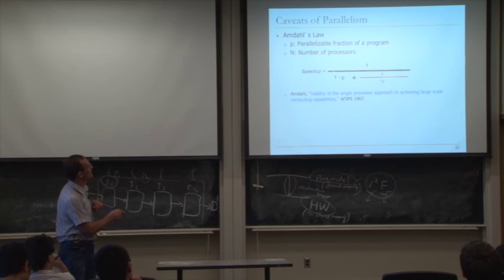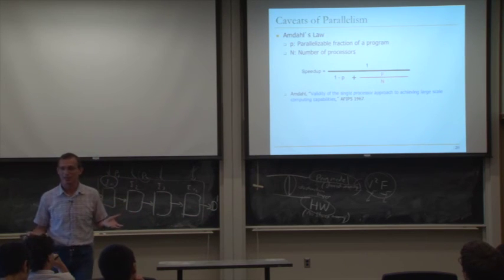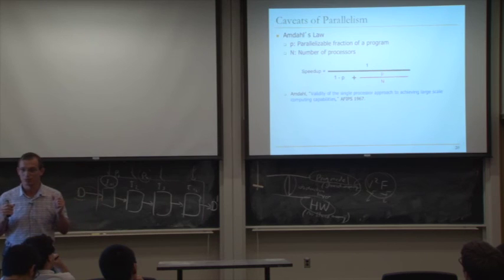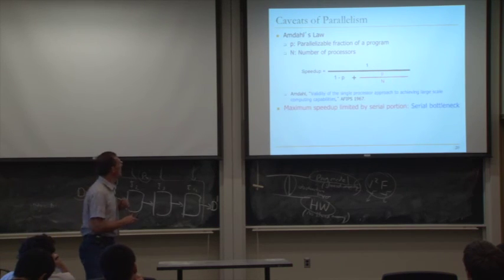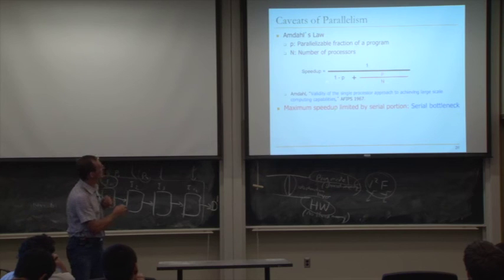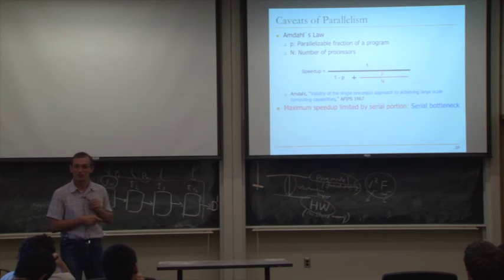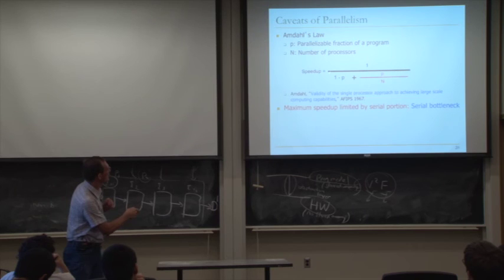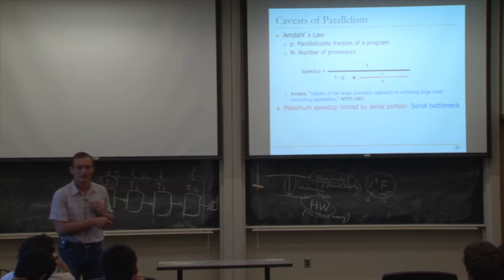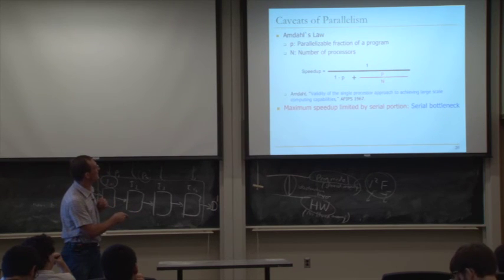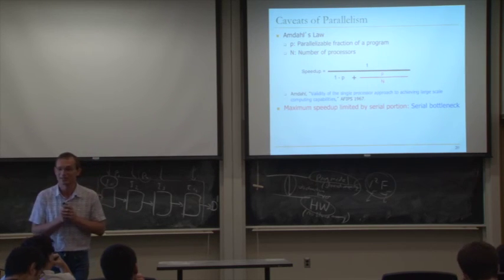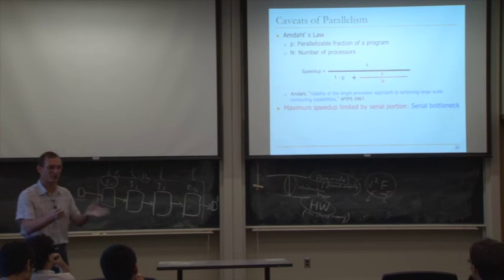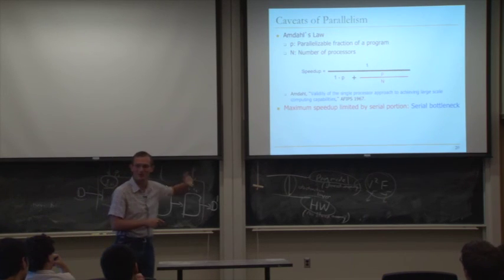And this is the serial part of the program. You cannot do anything about it using parallel computers. It's a simple model, which means that your maximum speedup is limited by the serial portion. So this is your serial bottleneck, if you will. If your p is 99%, your maximum possible speedup is 100. I'm not going to go into detail, so you hopefully know how to do that calculation.